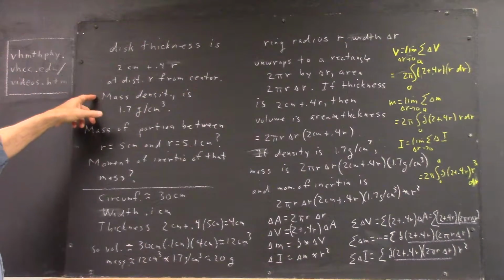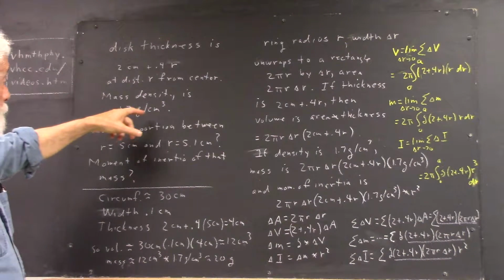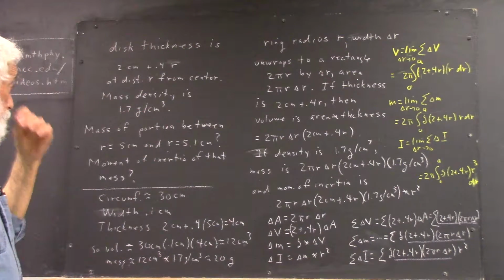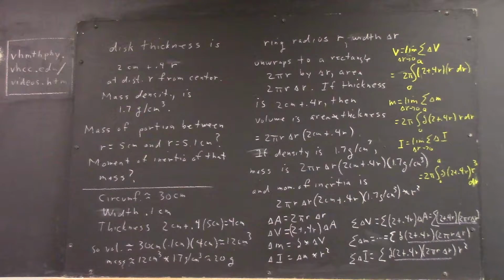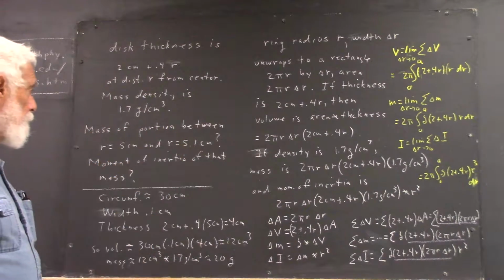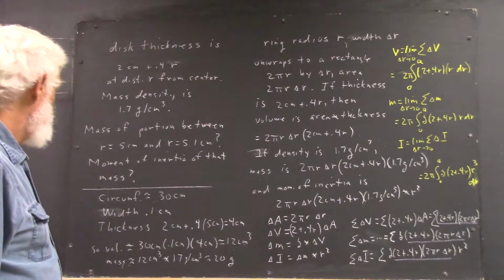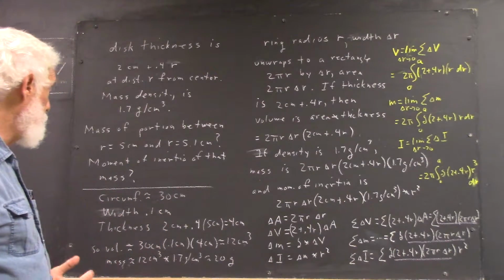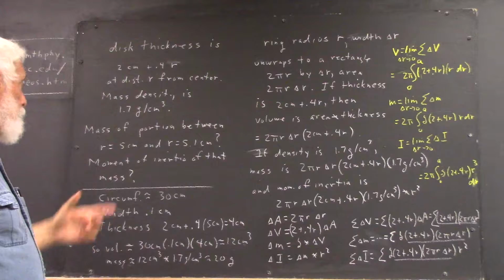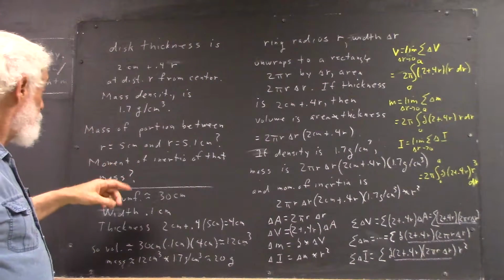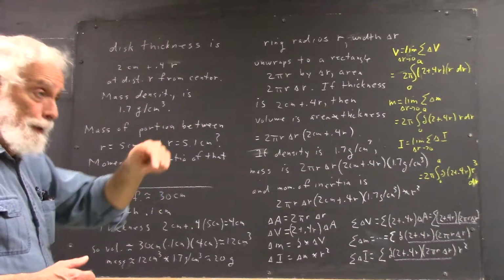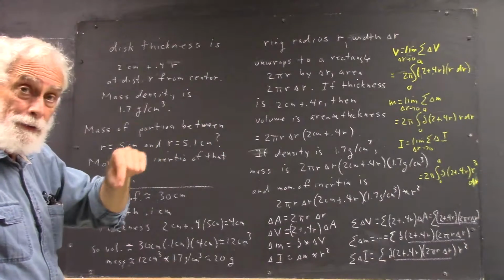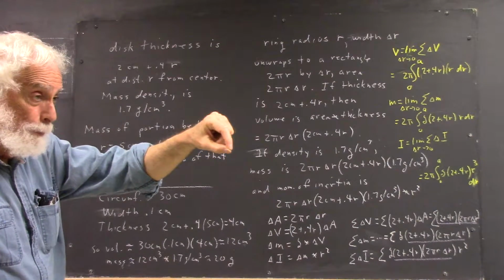Let's also assume that the disk has a mass density of 1.7 grams per cubic centimeter. Question then is, what's the mass of the portion of the disk? First question I asked, just to get used to what we need to do here to calculate the moment of inertia. We're going to calculate the moment of inertia of the part of the disk, the little ring between 5 centimeters and 5.1 centimeters.